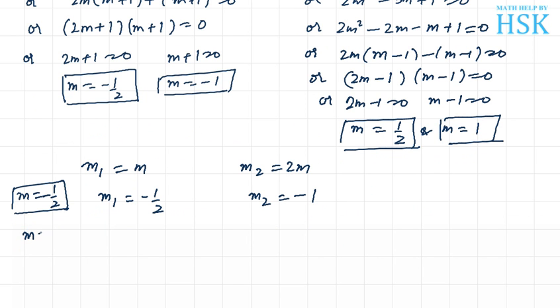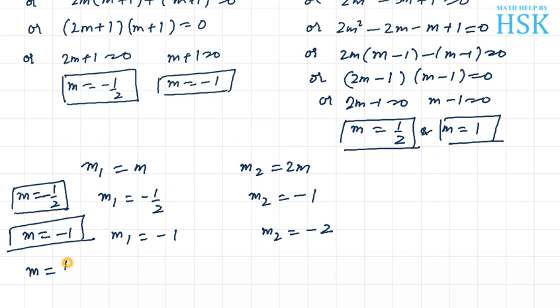When m is equal to minus 1, I get m1 as equal to minus 1 and m2 as equal to minus 2, because m2 is equal to 2m.